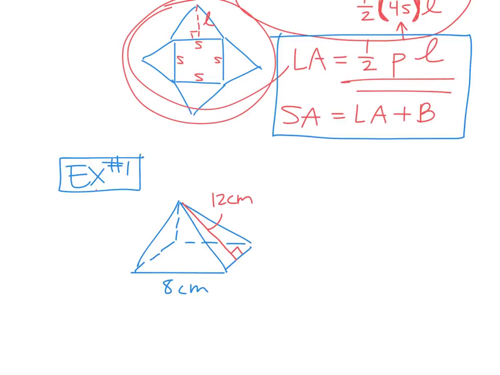All right, I want to find your lateral area and your surface area. So we're going to start with the lateral area. So first of all, the formula is 1/2 times P times L. I need to know what P is. Can anyone tell me? This is a square pyramid, by the way.